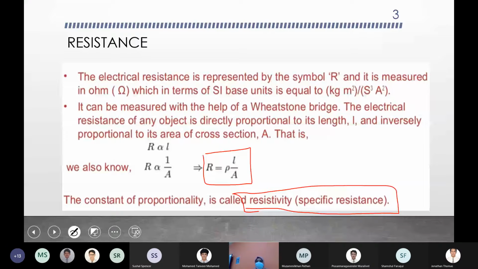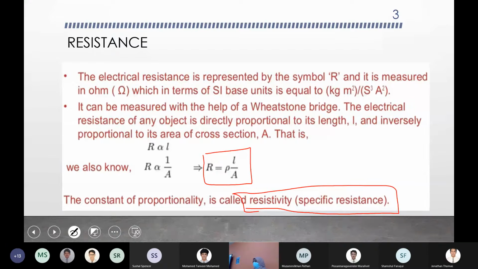So you can write R is equal to rho L by A, and rho is the resistivity or specific resistance. The unit of resistance is ohm. Most of this you already learned in physics, that's why I told you not to write everything.